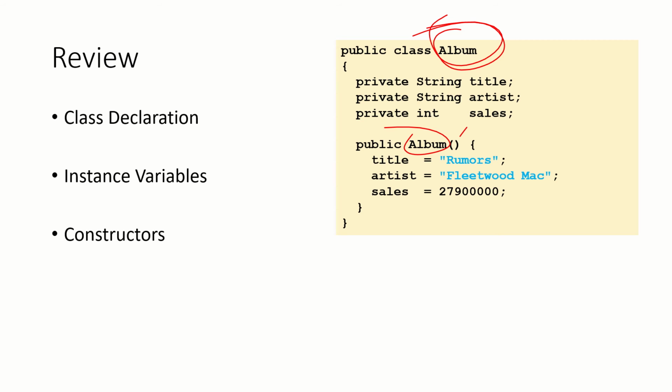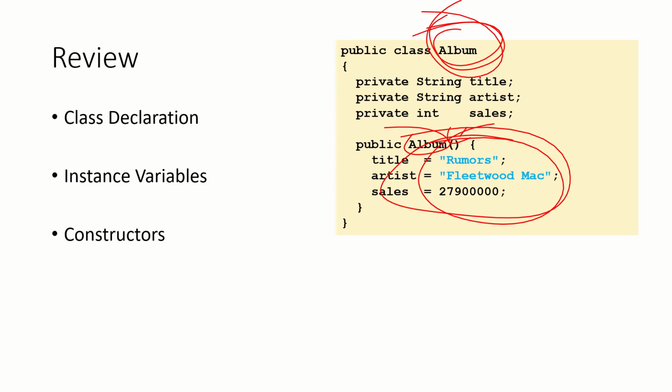If we leave the parameters empty, it's the default constructor. The default constructor means once we create an object of Album, we can automatically assign the title, artist, and sales to those values.